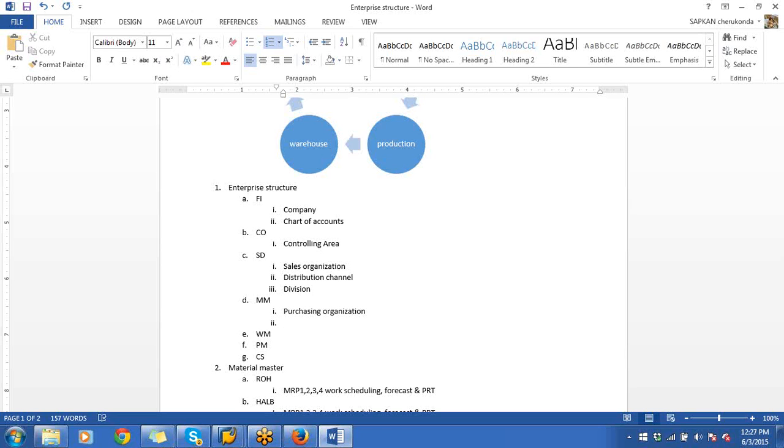Or you may have one purchasing organization exclusively for raw material. It depends upon the business requirements. Then after that, we have purchasing groups. To better manage, you have many purchasing officers, buyers. You group them into purchasing groups.